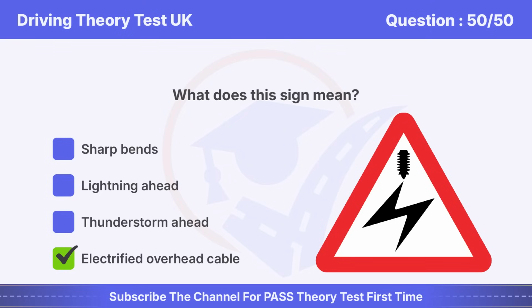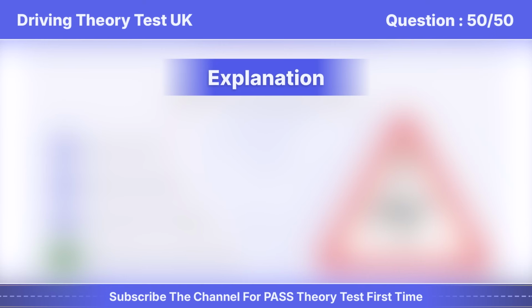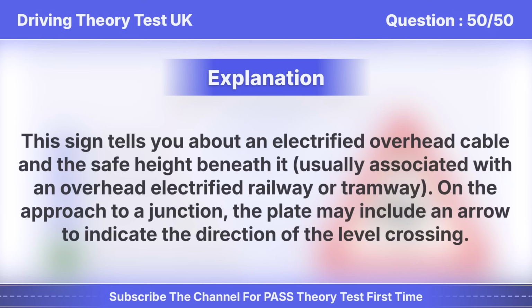Answer is D. Electrified overhead cable. This sign tells you about an electrified overhead cable and the safe height beneath it, usually associated with an overhead electrified railway or tramway. On the approach to a junction, the plate may include an arrow to indicate the direction of the level crossing.